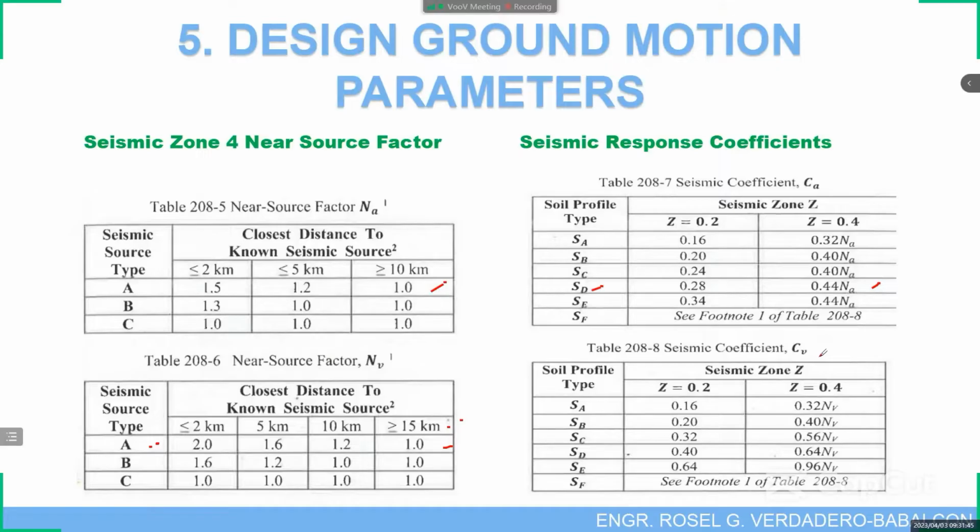And for the Cv, which is found in Table 208-8, again we assume that our soil profile type is SD and we are located in zone 4. So our Cv value is 0.64 Nv, or 0.64 times 1, that's equivalent to 0.64 as the value of the Cv.